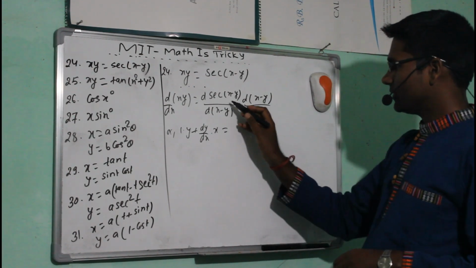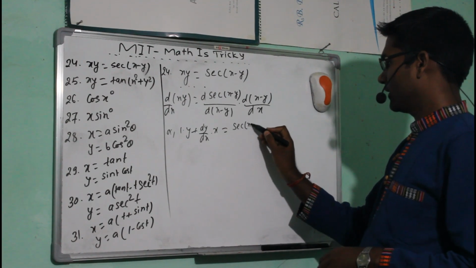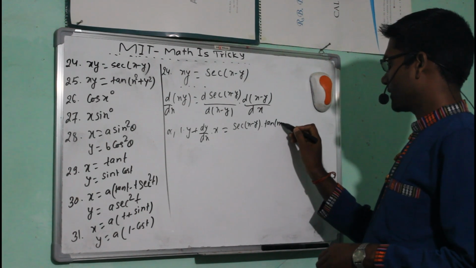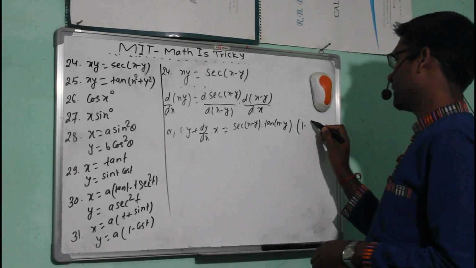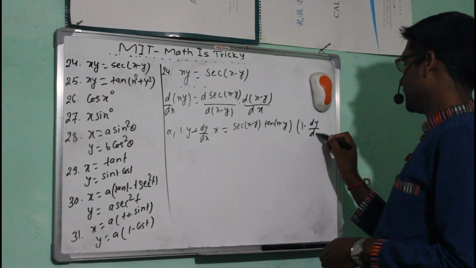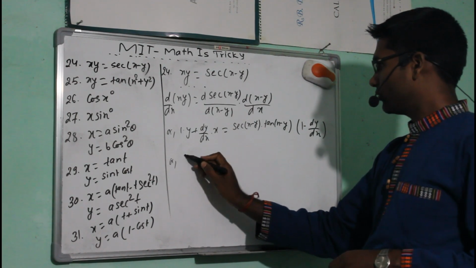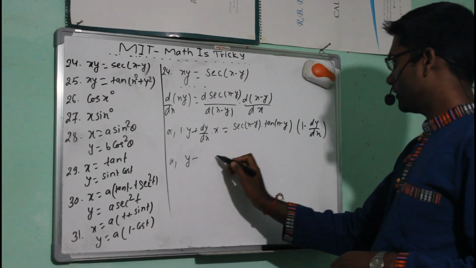Now the right hand side becomes the formula of sec x, which is sec x minus y times tan x minus y, and the derivative of x minus y is simply 1 minus dy by dx.